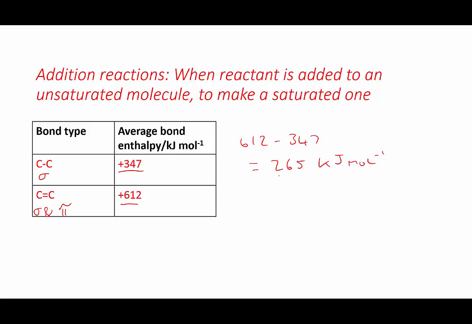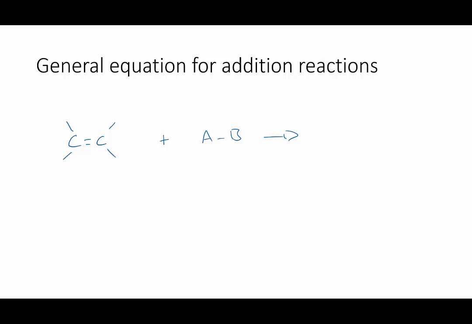So you can clearly see that a pi bond requires less energy to be broken than a sigma bond, so it's weaker. A pi bond is weaker than a sigma bond. And when we're covering these addition reactions, what you'll see is that the pi bond breaks, but the sigma bond remains. So let's have a look at an example.